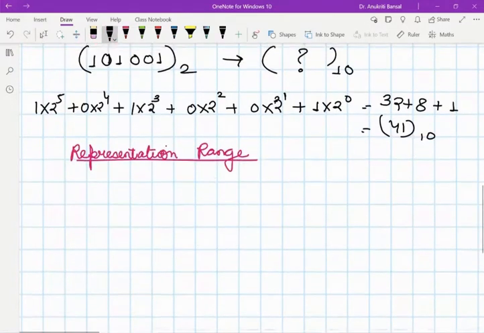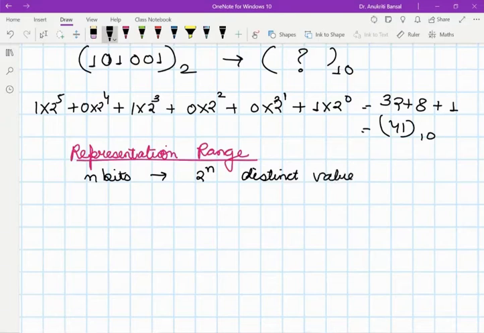So if I have n bits, with n bits, I can represent 2 raised to power n distinct values. And the range of these values is from 0 to 2 raised to power n minus 1.